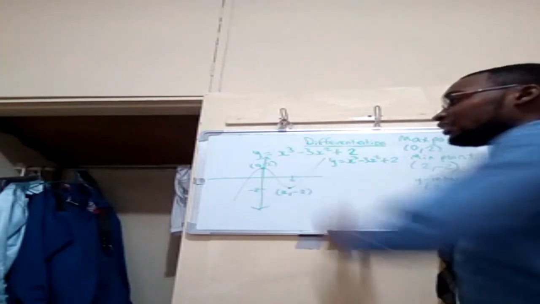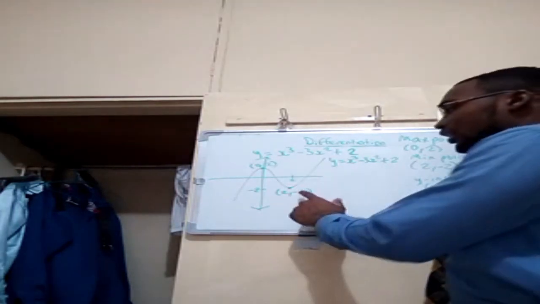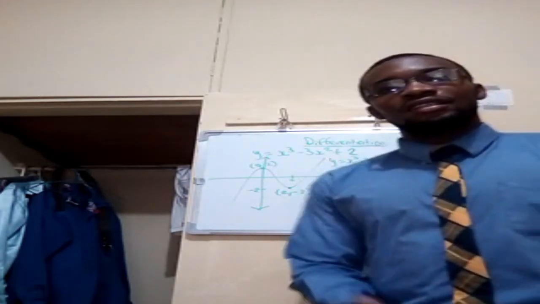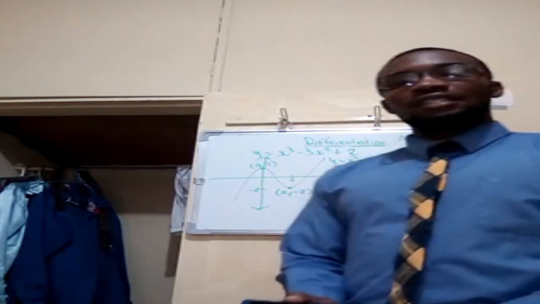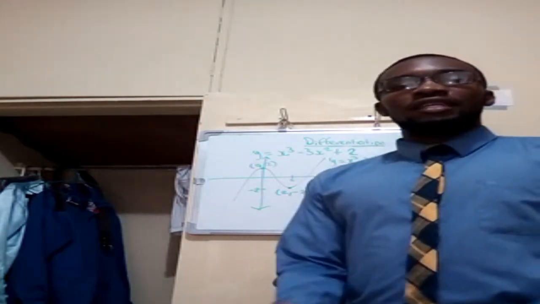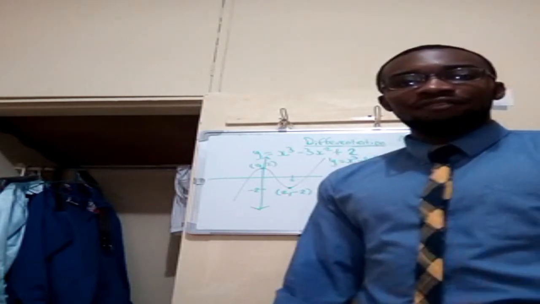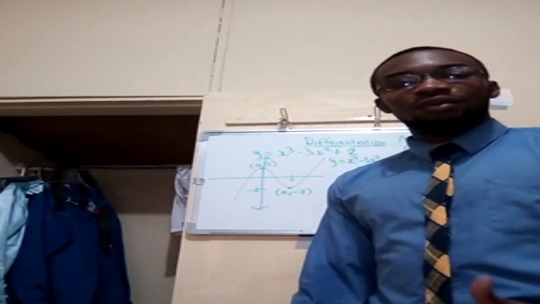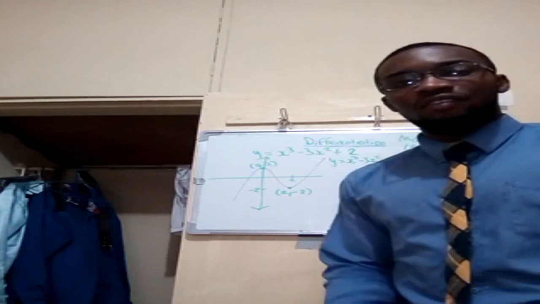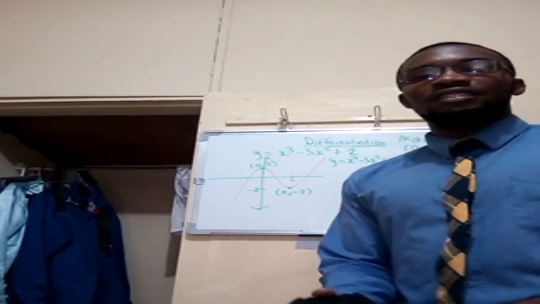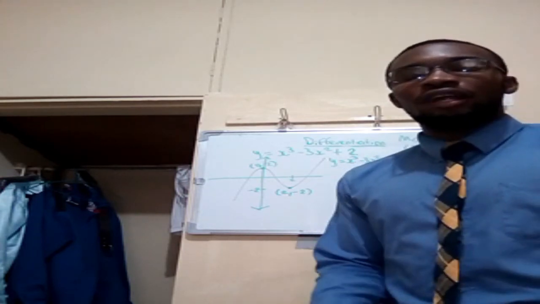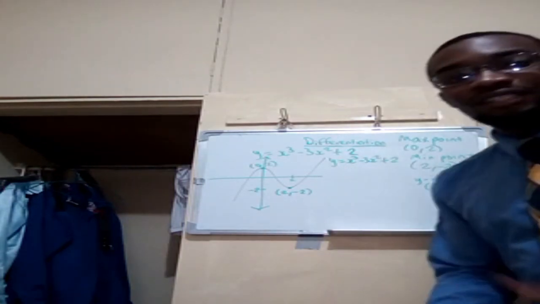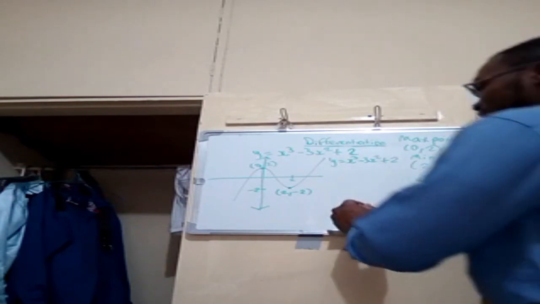So this is how we determine the nature of stationary points. A stationary point can either be a local maximum or a local minimum. Another thing a stationary point can be is what is known as a saddle point, or a point of inflection, when d2y by dx squared is equal to 0. So whenever the second derivative is equal to 0, it is a point of inflection, or a saddle point.